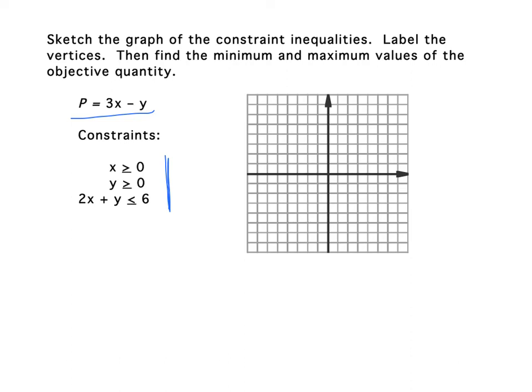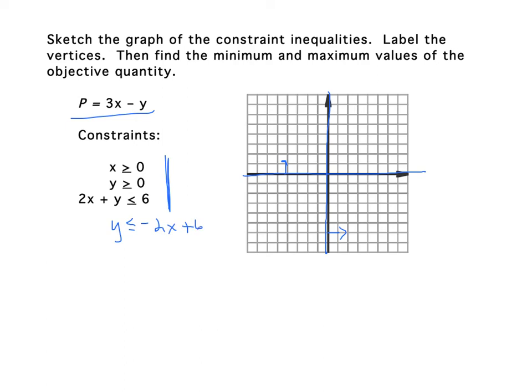So, x is greater than or equal to 0 is this, and greater than or equal to 0 means I'm going to go this direction. y is greater than or equal to 0 is the x-axis. I'm going to go above it. And then 2x plus y, I can either change this into slope-intercept form by subtracting the 2x over. Some of you like to do that.